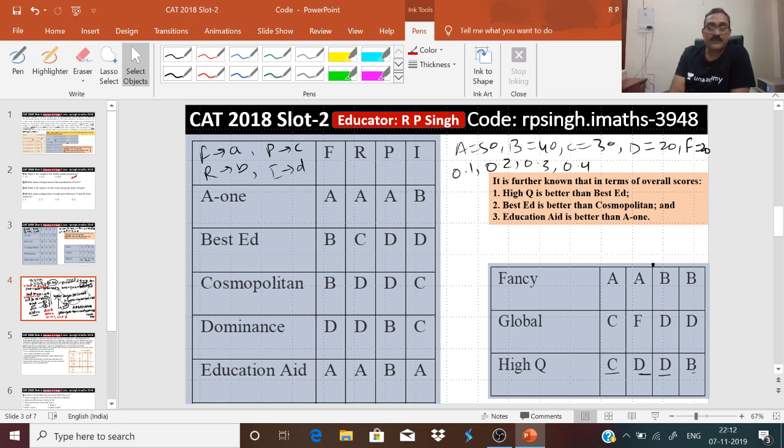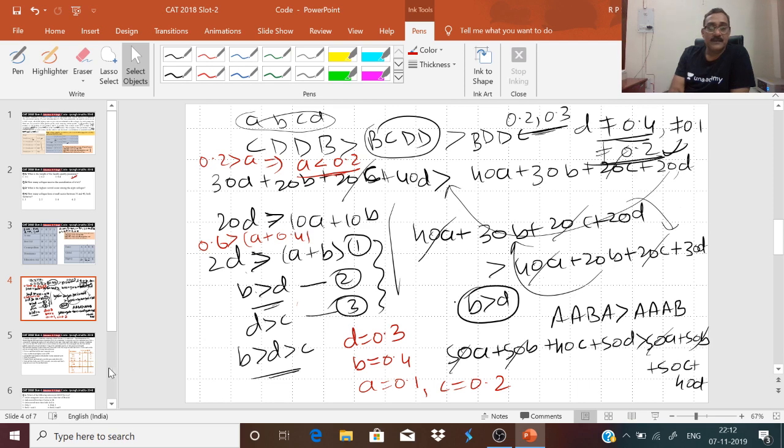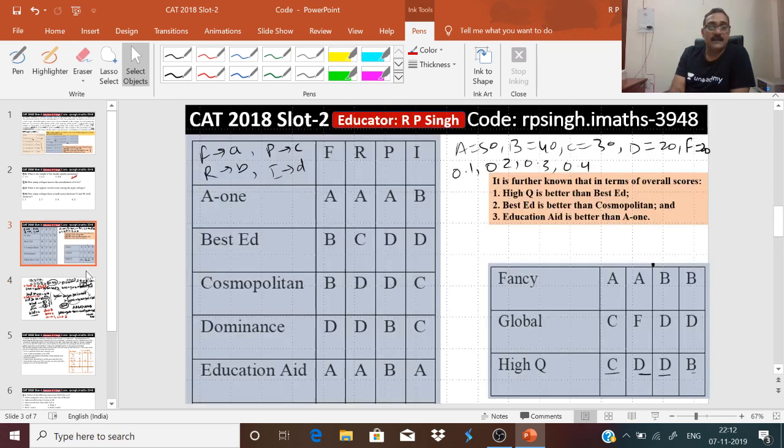So if we write these values in this, we can complete the table. So let us complete. It is 0.1. B is 0.4. C is 0.2, and D is 0.3. So guys, now because grades are given, we can find out the total of every college. Like 50 into 0.1 will give you 5.